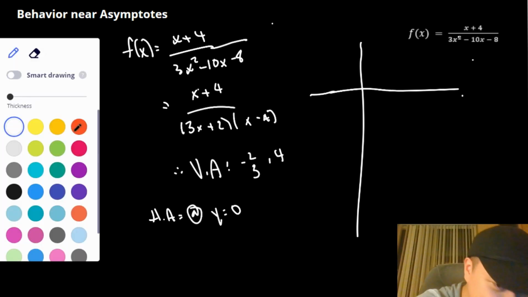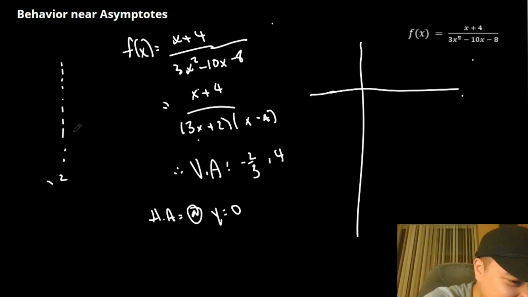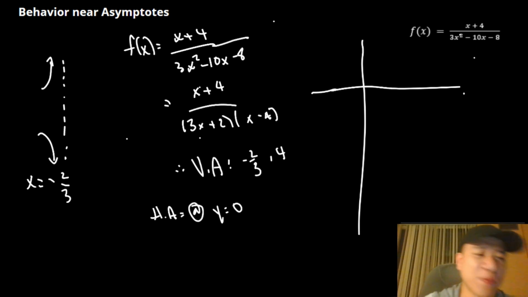Okay, the first one is negative 2/3. Imagine our function is going to have an asymptote when x equals negative 2/3. If we want to find out whether it shoots up like this or down like that, what we can do is substitute a point that's really close to negative 2/3 on the left side of it. We're just going to figure out whether the result is positive or negative.